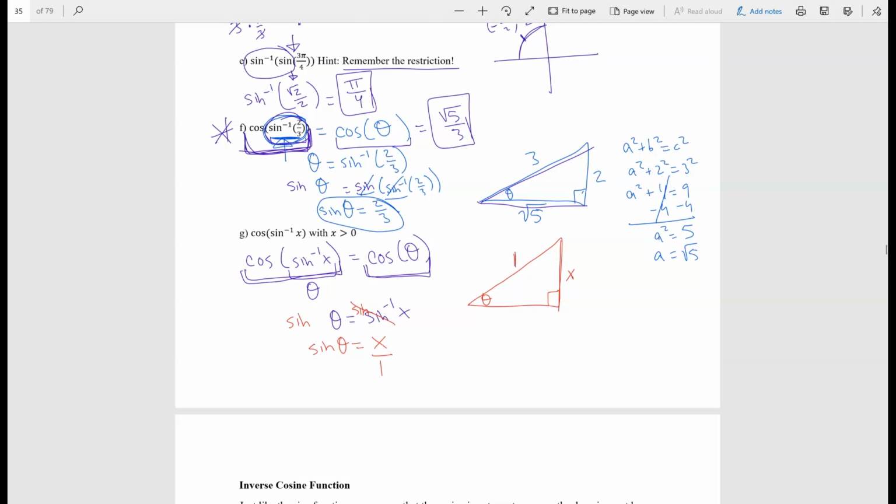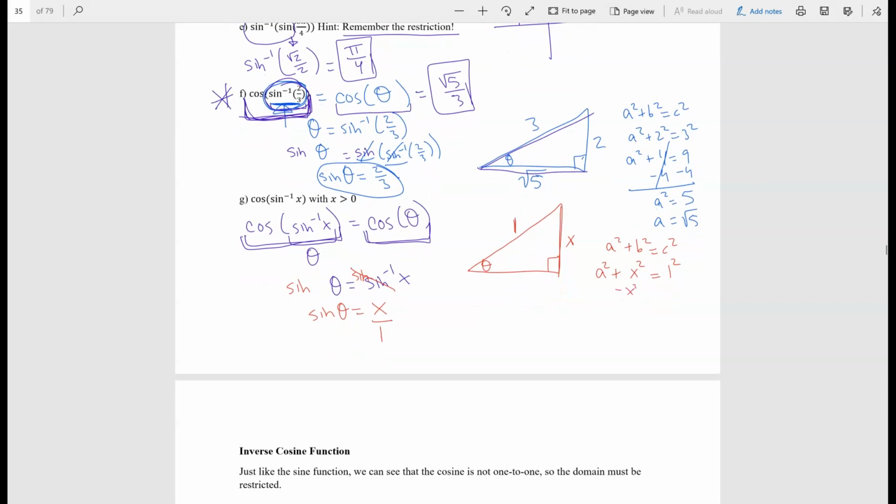Okay, so what would be the other side? Well, remember, a squared plus b squared equals c squared. So a, we know that it's going to be just by itself because that's what we're solving for. b is going to be x squared. c is going to be 1 squared. So I'm going to subtract x squared. You got a squared is equal to 1 minus x squared.